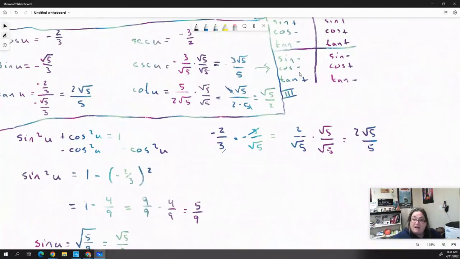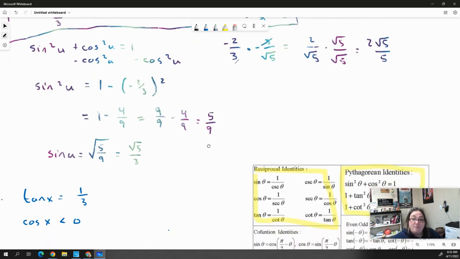Because I'm going to have a positive tangent, but I have a negative cosine. And the only place that I have a negative cosine and a positive tangent is in quadrant 3.